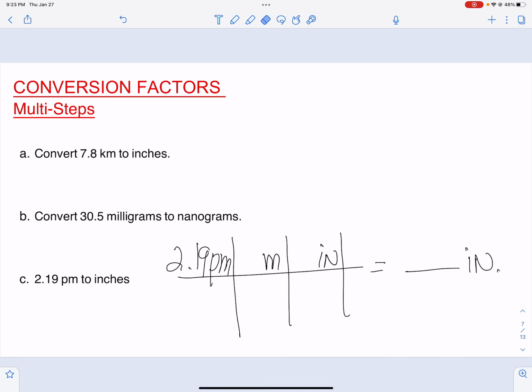So how do I connect picometers with meters? Well, let's set it up. Remember, you don't want to think too much, you just want to set it up. I do not want the picometers, so I'm gonna put it at the bottom, right? This is the one with the prefix, so this one gets a 1, and pico means 10 to the minus 12.